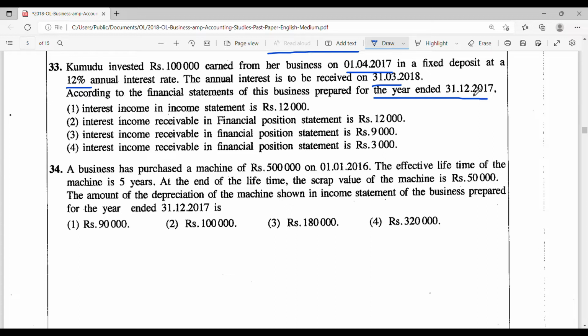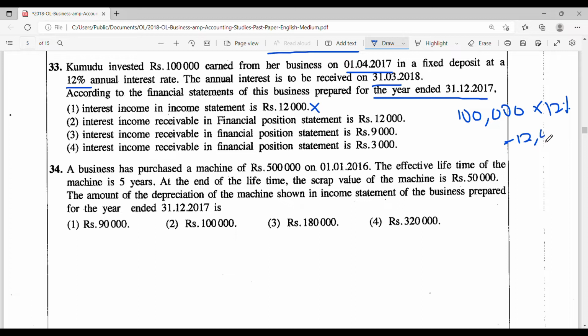They are asking you whether its interest income in the income statement is 12,000. No, that cannot be. Why? You cannot recognize the entire interest income because it has to be a portion for the financial year. Only for the 9 months you can take. 100,000 at 12% will get you for the year interest income as 12,000.